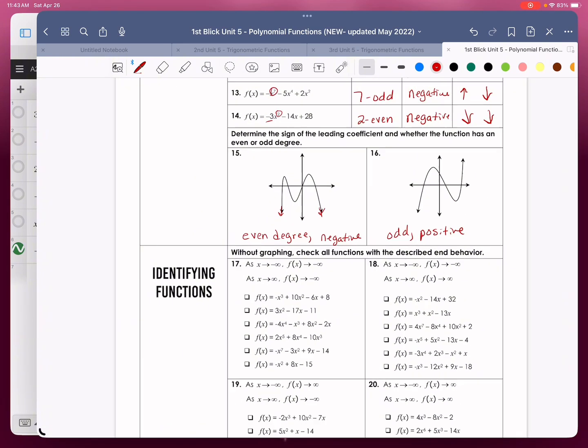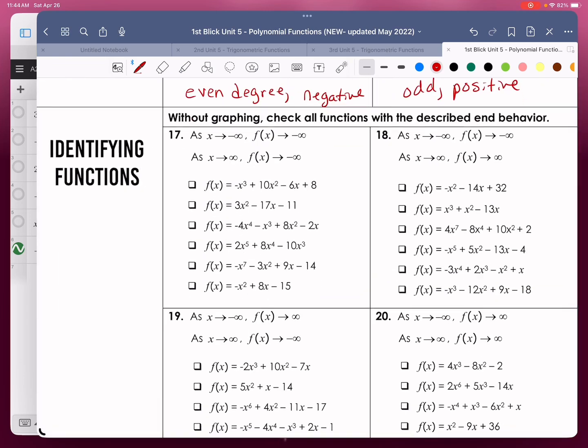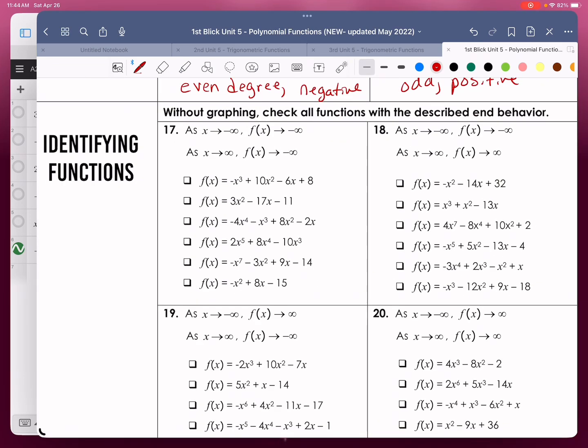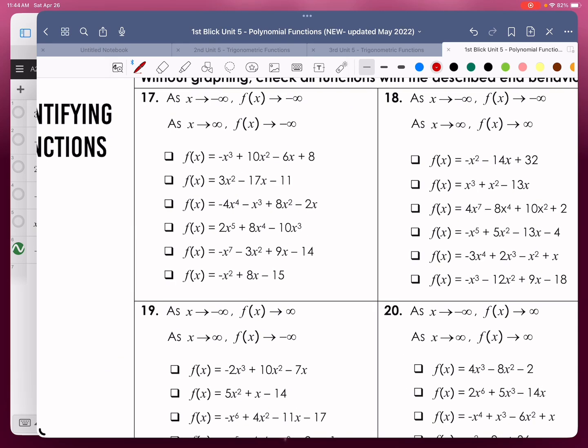Okay? We're almost done. Okay, for number 17 and 18, they want us to look at the end behaviors, and they want us to check the functions that would be possible for. So for number 17, we look at these two behaviors. They're both the same. So that tells you that you have an even degree.